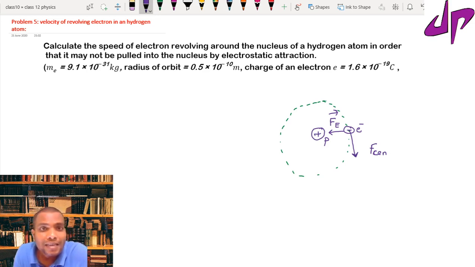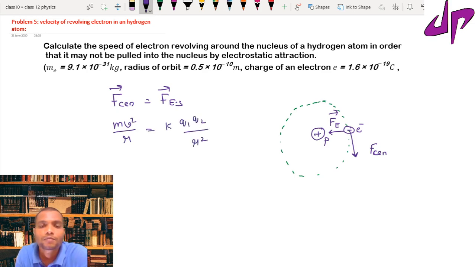So to calculate the velocity of the revolving electron in a hydrogen atom, you must make the centripetal force equal to the electrostatic force. If you recall the centripetal force formula, mv square by r equals electrostatic force k times q1 q2 by r square.